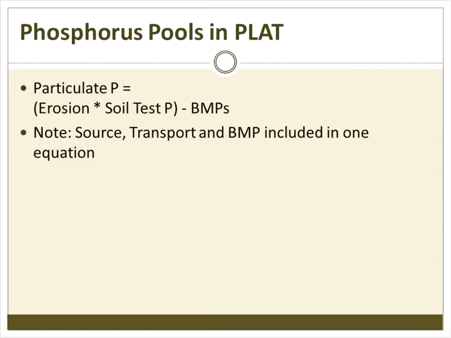The soil test phosphorus gives us the concentration. And then what conservation practices are we using that will actually reduce that phosphorus loss from the field? So we're considering source. Source is the soil test phosphorus. We're considering transport, that's the erosion part, and then the conservation practices.